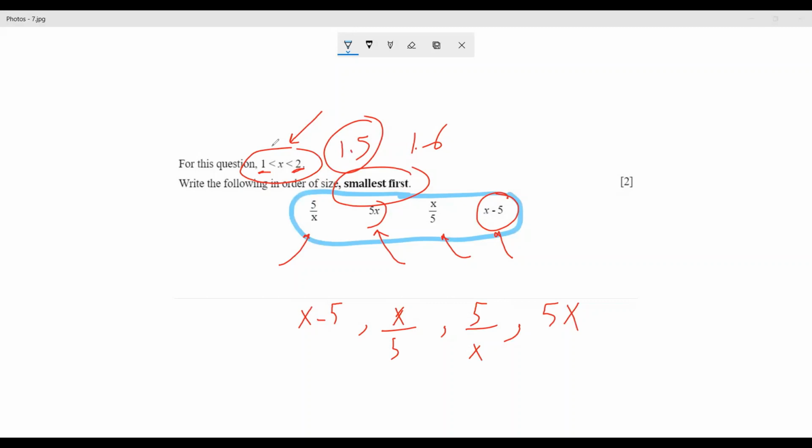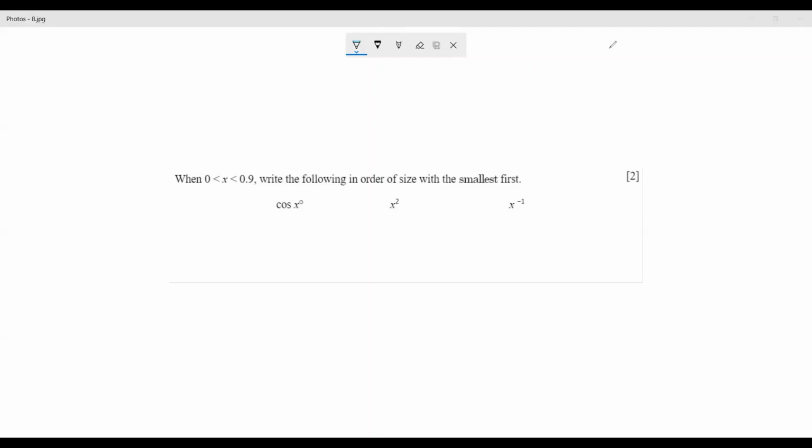So the next question is similar to this. Okay, the last question, again, X is between 0 and 0.9. So maybe you can use half, right? And then try to evaluate the answer for these expressions. So cosine half is basically very, very close to 1.